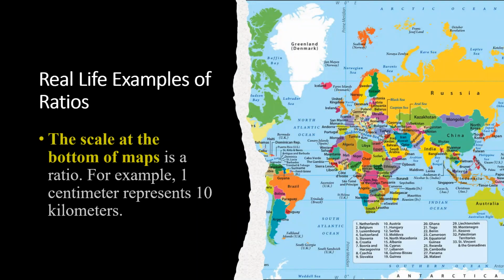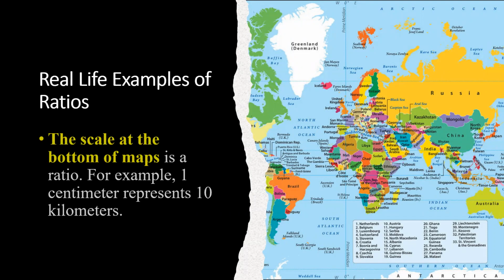Okay. Real life example of ratio. The scale at the bottom of the maps is a ratio. For example, 1 centimeter represents 10 kilometers.